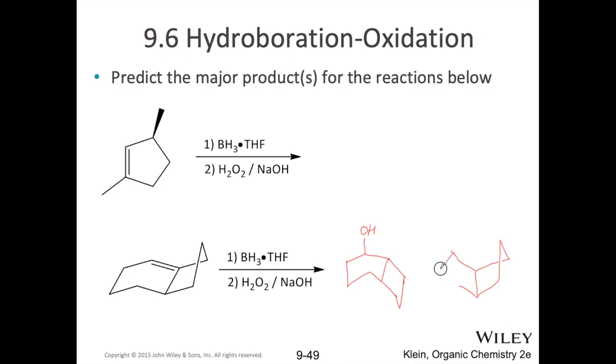Oops, so it should be down like that, OH. Which means that this group is going to be axial upwards. This is going to be interesting to draw. Sort of like that, I guess. This is probably not the best drawing, but it's essentially going to look something like that.